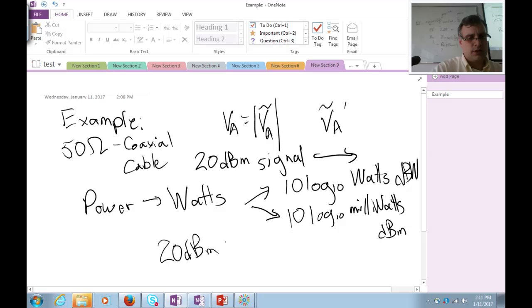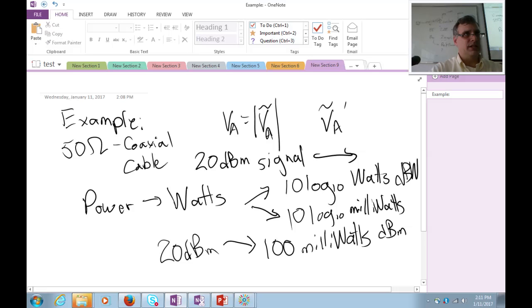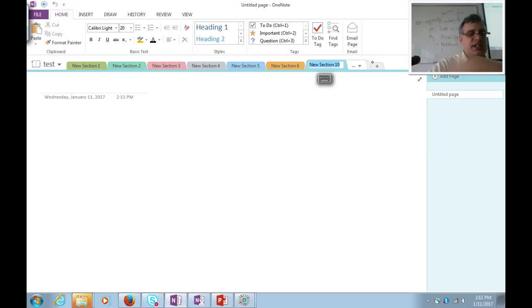And that's what we call dBm. So 20 dBm is actually 100 milliwatts, right? Log base 10 of 100 is 2. I multiply by 10, that gives me 20 dBm. 30 dBm is 1 watt. 40 dBm is 10 watts, and so forth and so on.